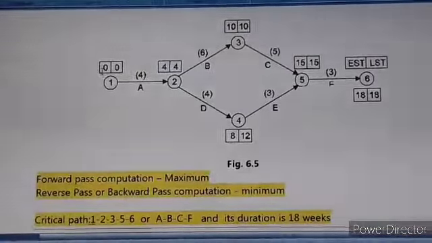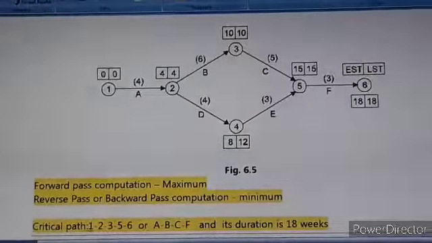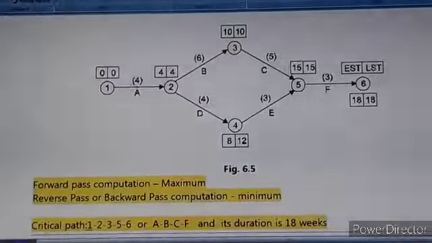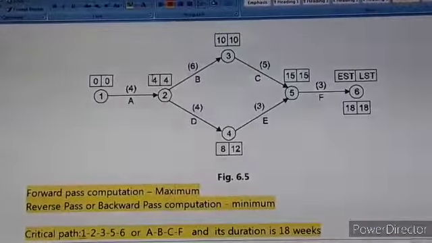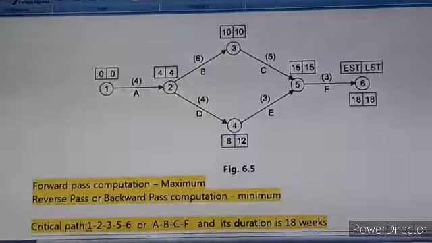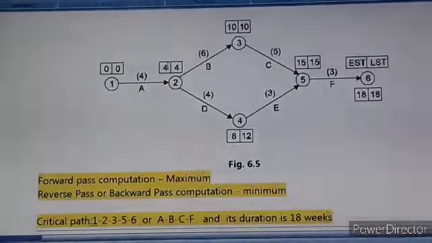So 0 is the earliest start time for activity A and 4 is the earliest finish time for activity A, with respect to the duration of A. So 0 plus 4 is 4, that is written here.